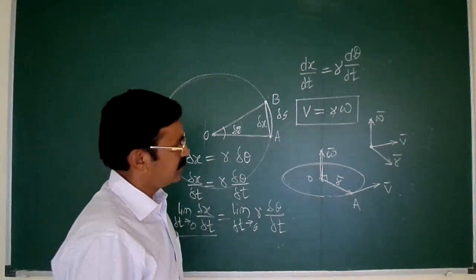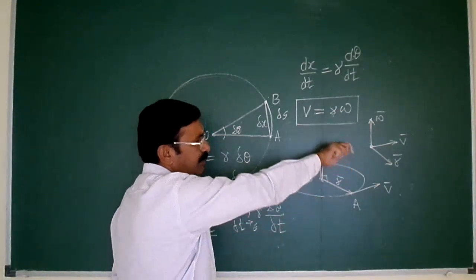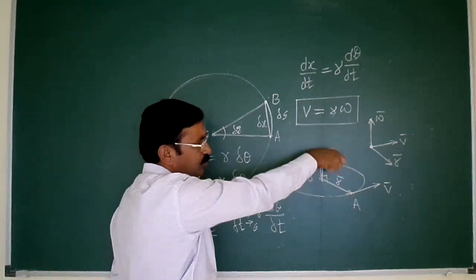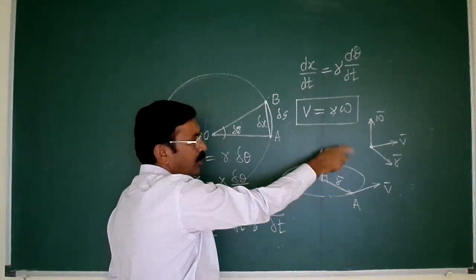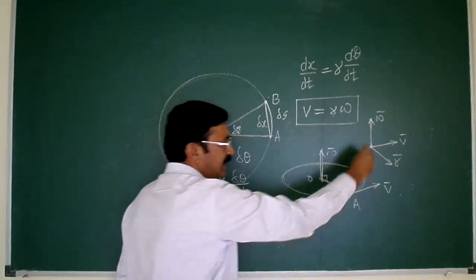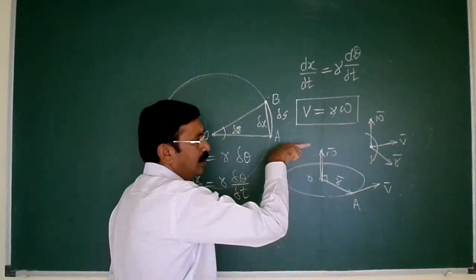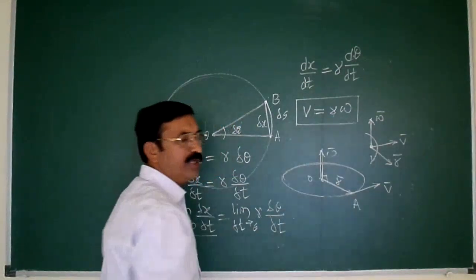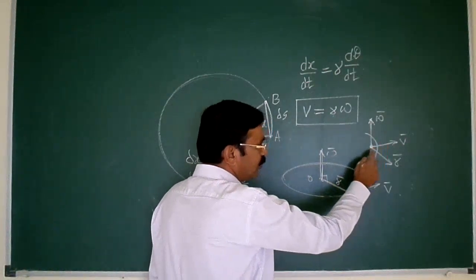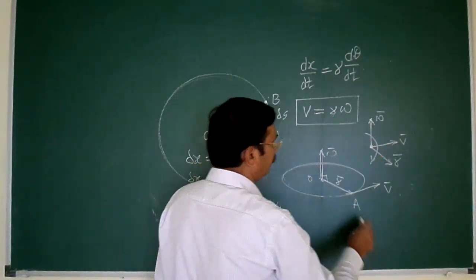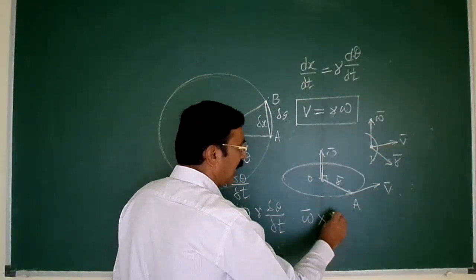So if you observe this diagram as a right hand screw rule, as we turn the screw in the clockwise direction in this way, the tip of the screw is going to move in the forward direction. And so with this, we are able to give the vector product as omega bar cross r bar.